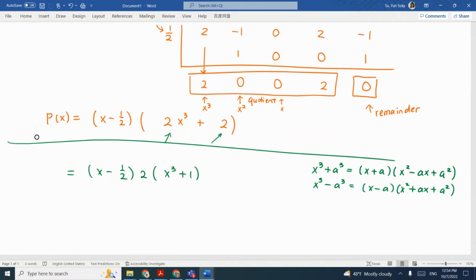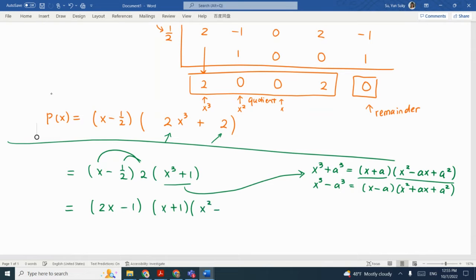If you remember this formula, this is exactly this format where a is 1. By the way, you can distribute the 2 and then you will get integer coefficients. So 2x minus 1, and now this is x plus 1, and x squared minus x plus 1, where a is 1 and 1 squared is 1. So this is how we can factor it completely.